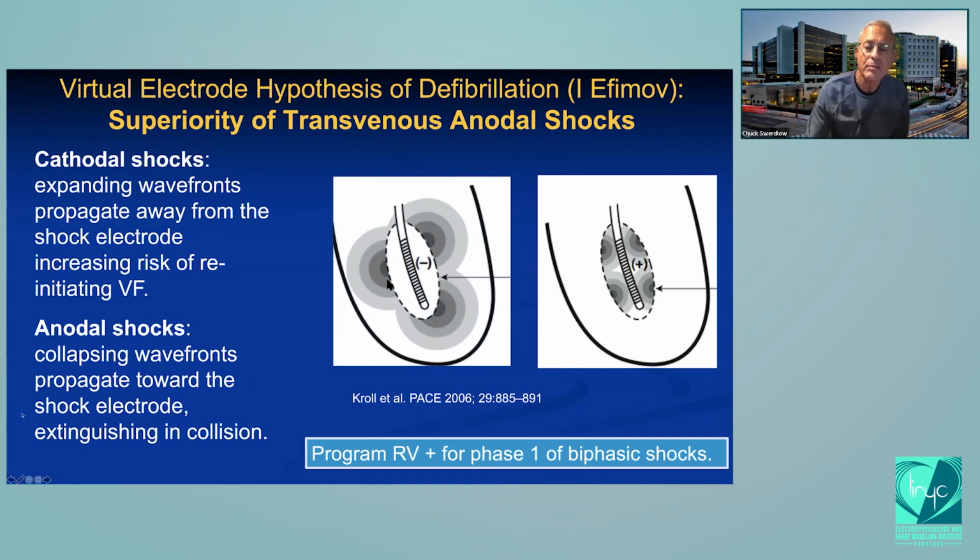If we make the RV positive, those waveforms collapse toward the electrode, cancel each other out, and don't refibrillate.